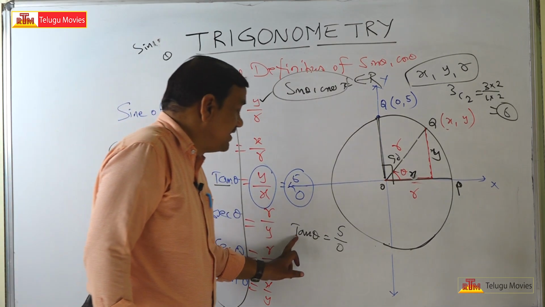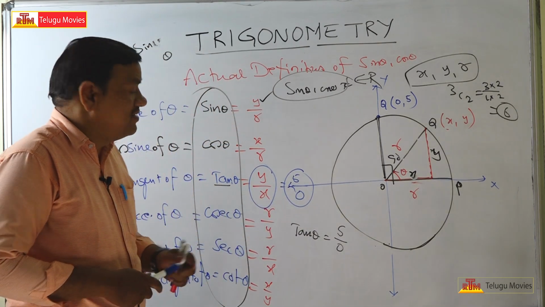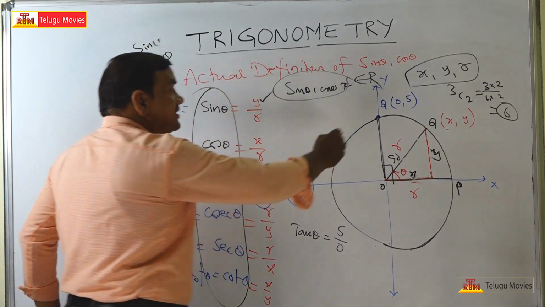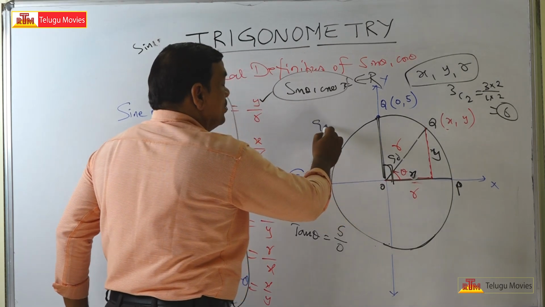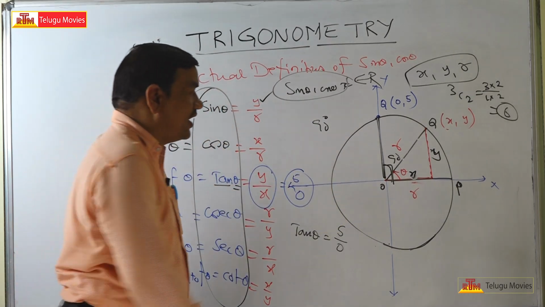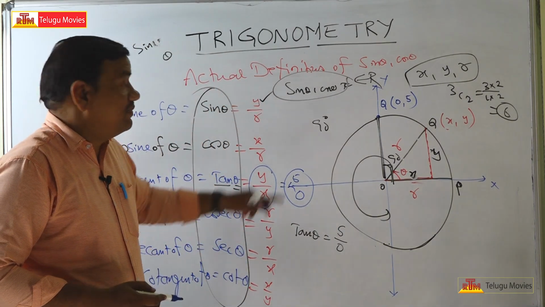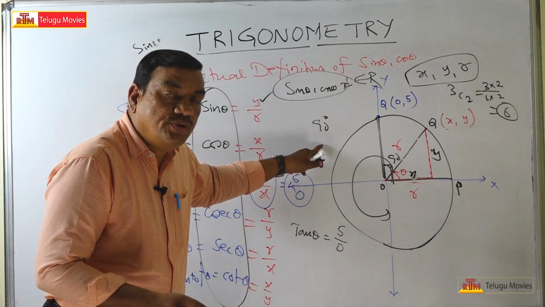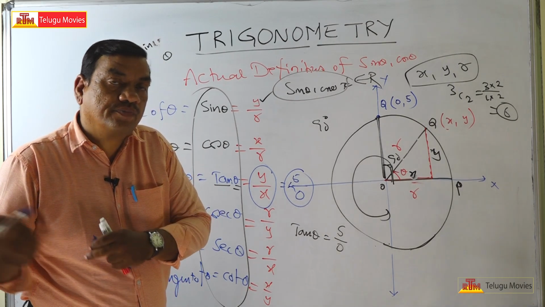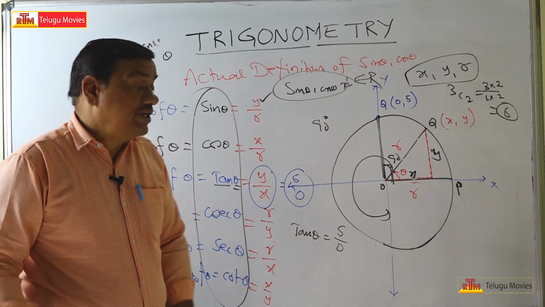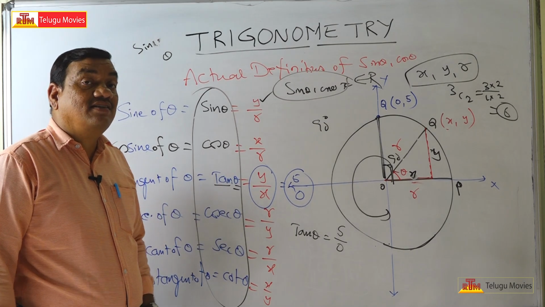Tan theta is defined when theta is not equal to 90 degrees, 270 degrees, that is pi by 2, 3 pi by 2, 5 pi by 2, and all negative angles. Therefore, tan theta is not defined there.